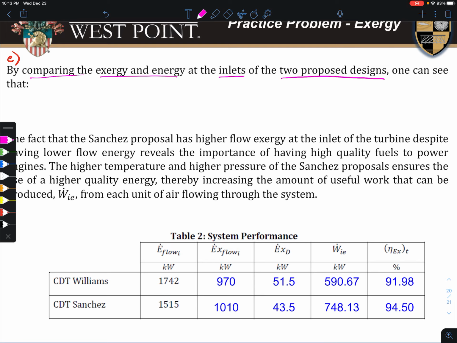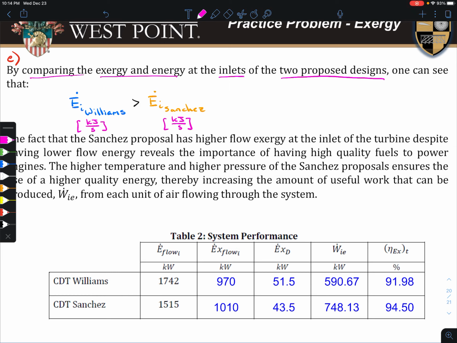And what we're going to find is the following. We're going to find that Williams, the energy flow rate of Williams is greater than the energy flow rate of Sanchez. So again, to be clear, this is kilojoules per second.